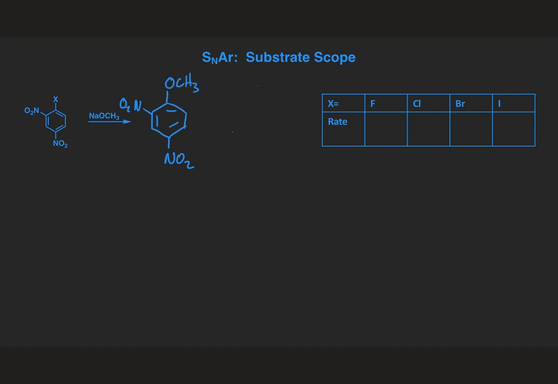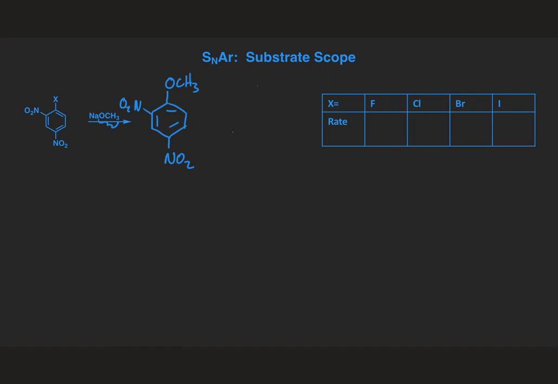Our nucleophile in this case was a methoxide, and so we're substituting the halide for a methoxy group. And this works for a variety of alkyl halides.